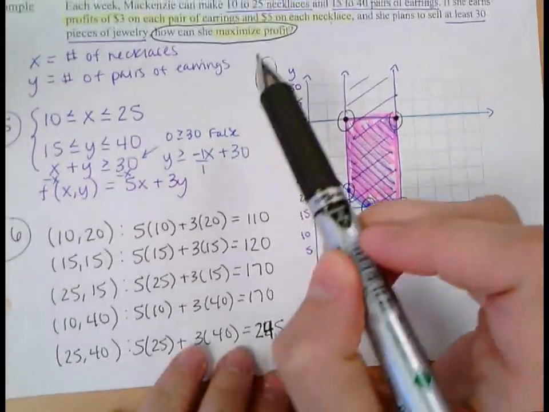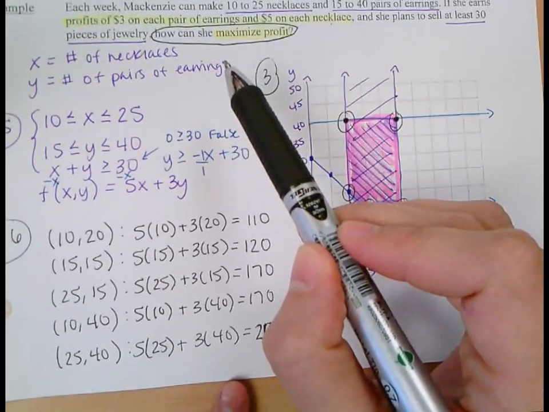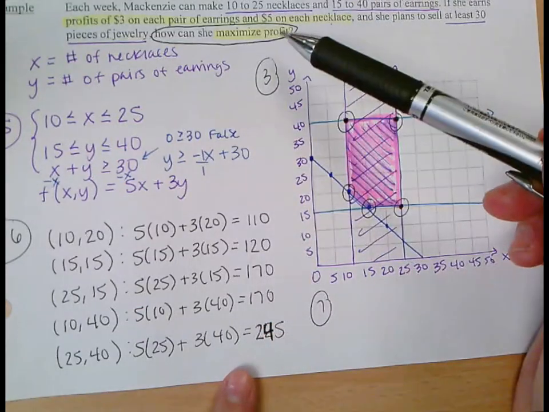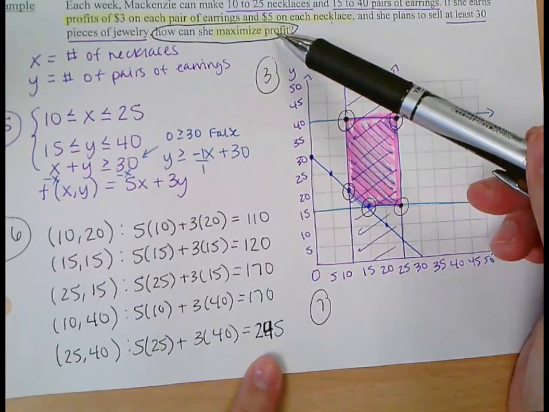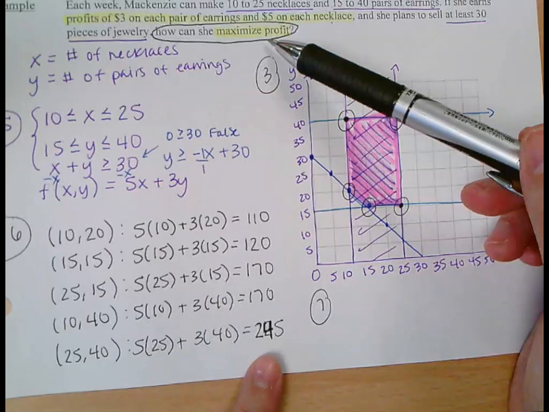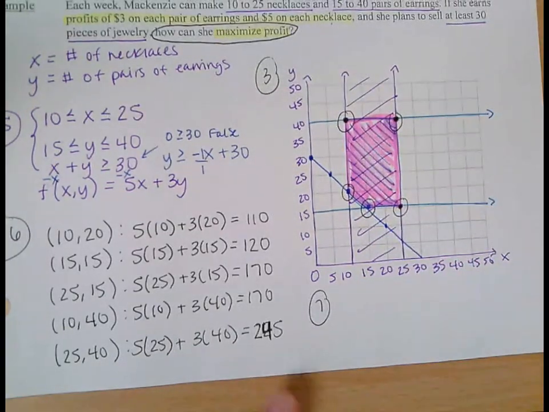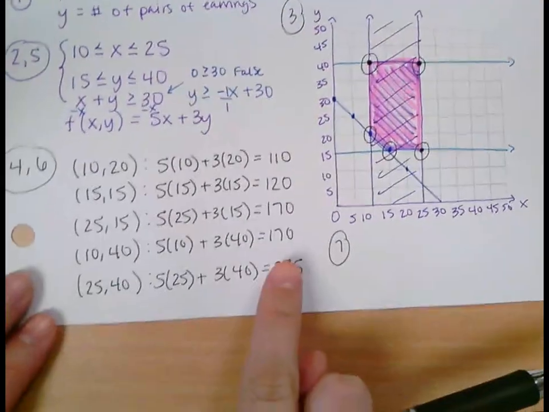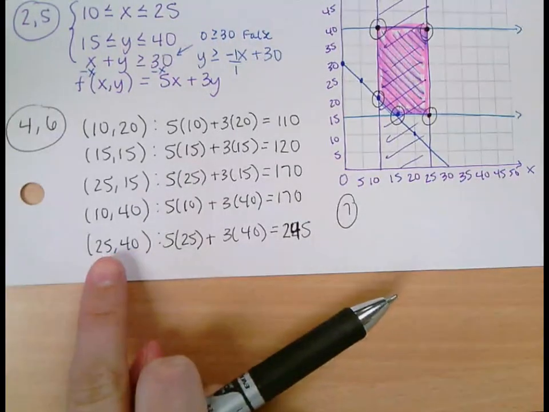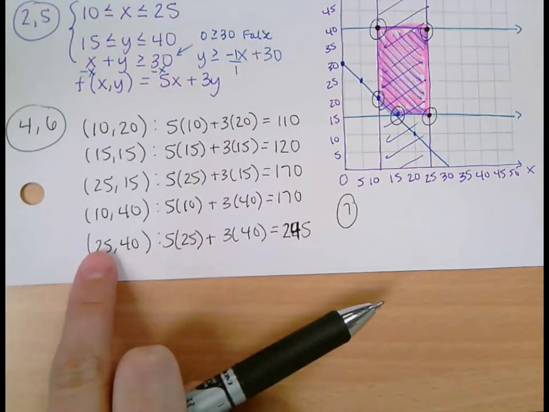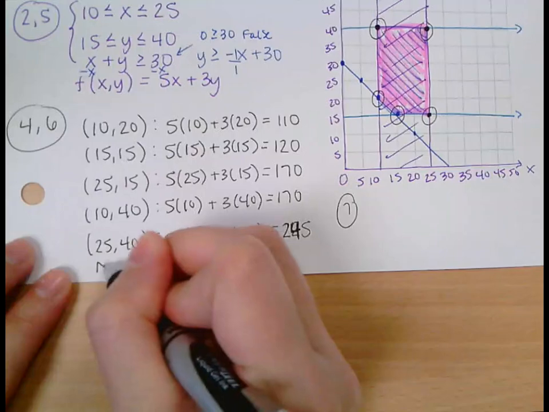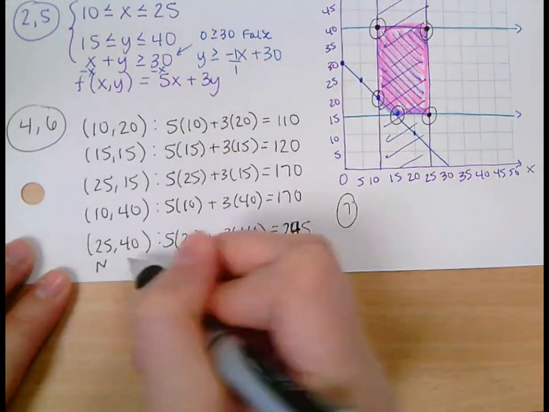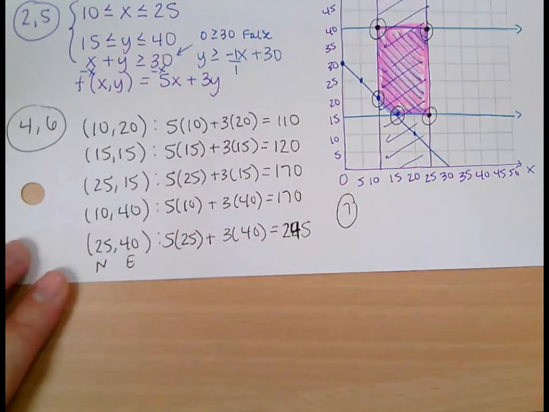So for this question, if you just said her maximum profit is $245, you did not answer the question. It says how can she earn that. So that's where you look at where the maximum occurs. X is 25, that's her number of necklaces she's selling. 40 is her Y, that's her number of earrings.